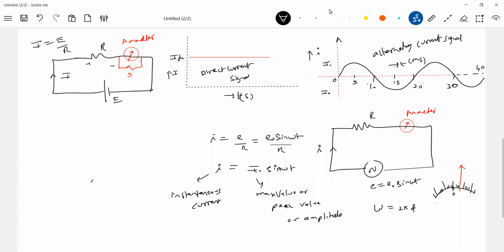Now let me take a scale with 0 at one end. What is the difficulty here? The pointer cannot go to the other side. When I switch on, what problem am I going to face?